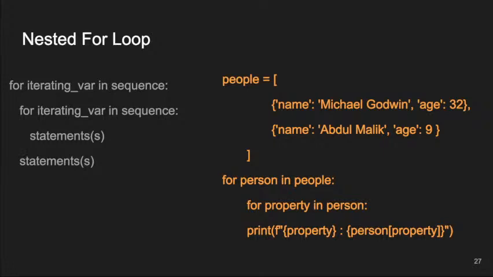So you can have a nested for inside another for, and this is an example here. This is something that you may end up doing a lot of in Python, where you have to store data using two or more data structures.